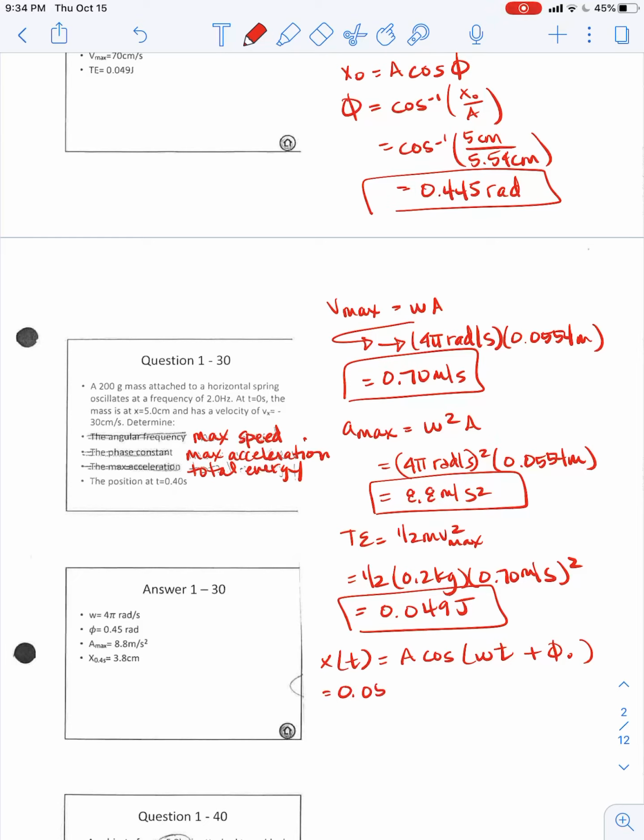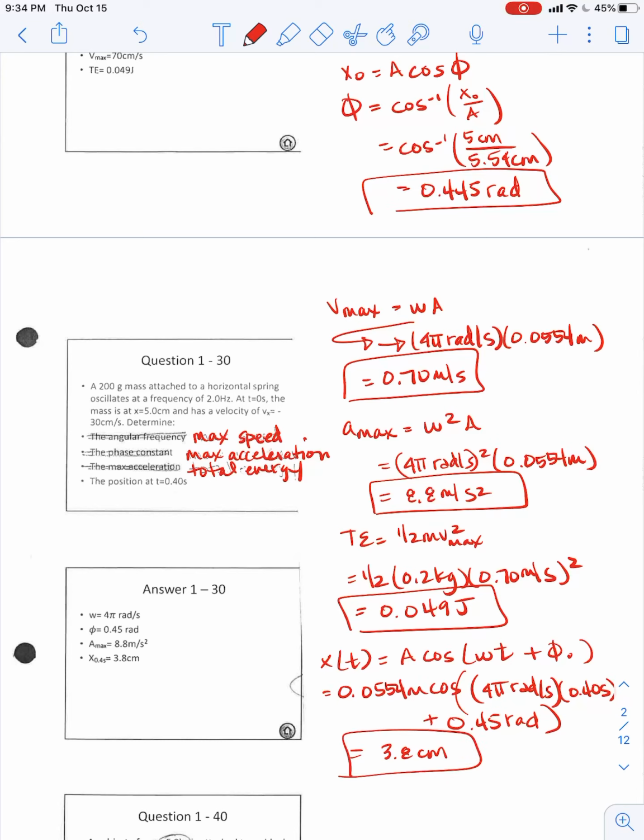So we've got 0.0554 meters cosine. Use your angular velocity, which is that 4 pi radians per second. Plug in that 0.4 seconds, and this is really all in parentheses too. And then add that phase constant of 0.45 radians. And you should get about 3.8 centimeters.